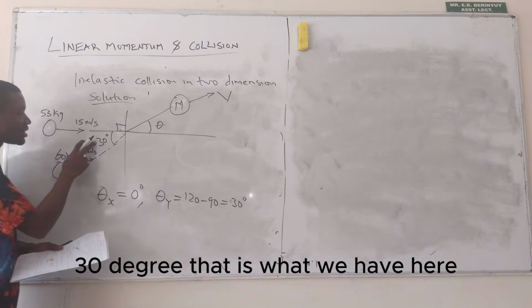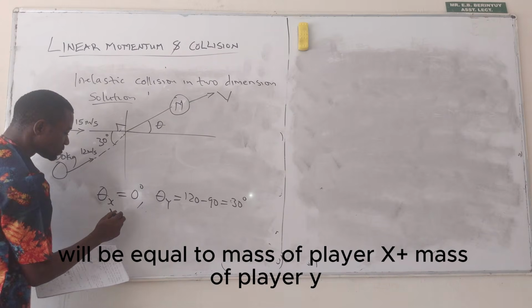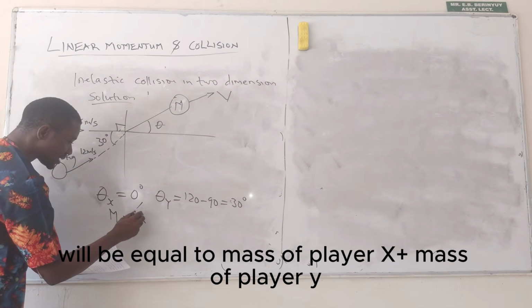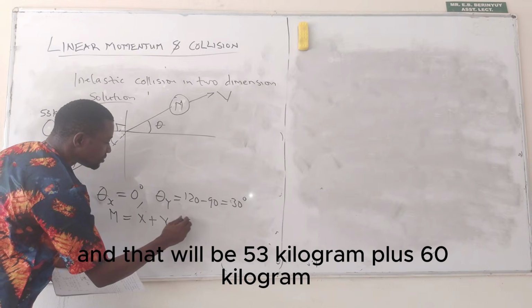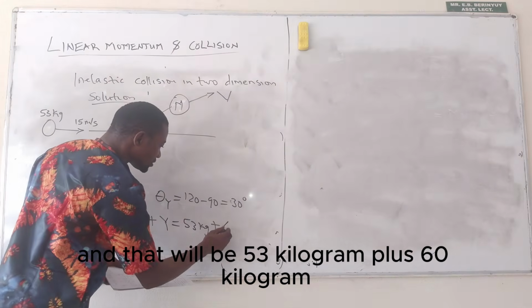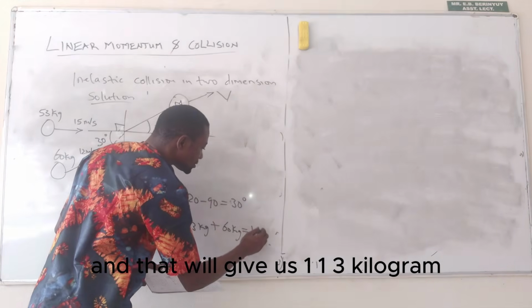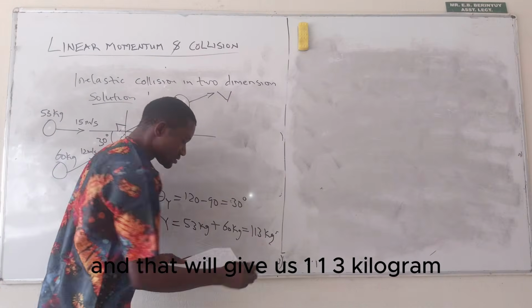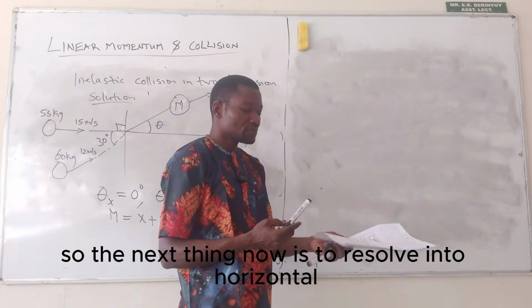Then the total mass will be equal to mass of player X plus mass of player Y, and that will be 53 kilogram plus 60 kilogram, which gives us 113 kilogram.